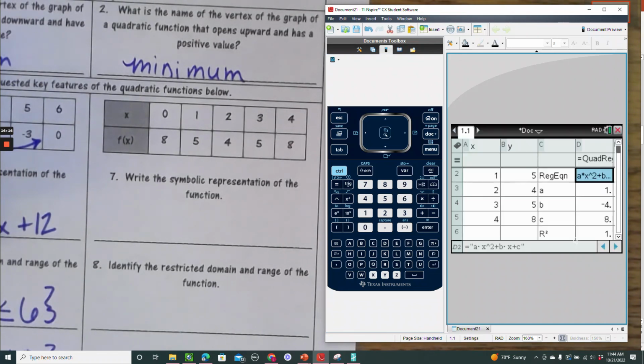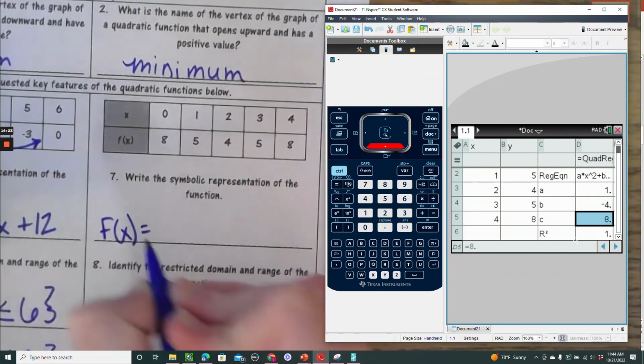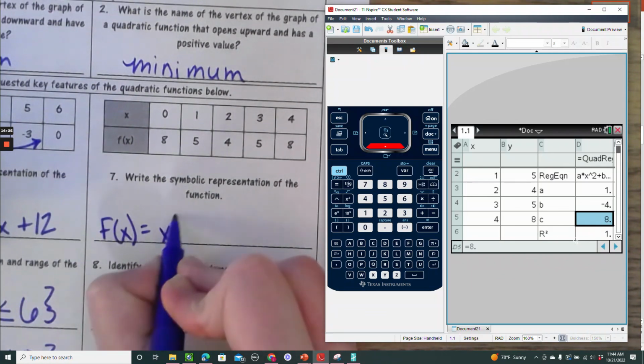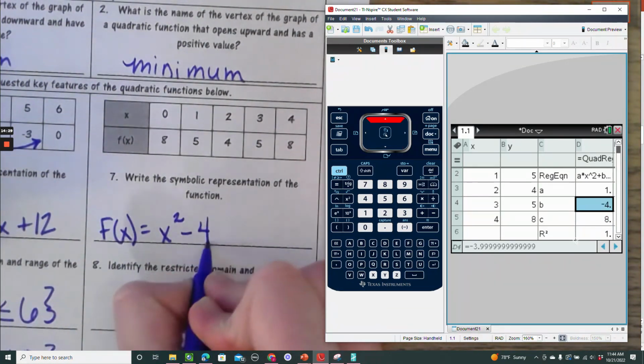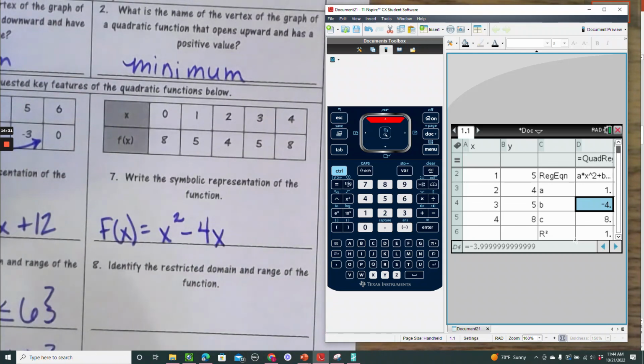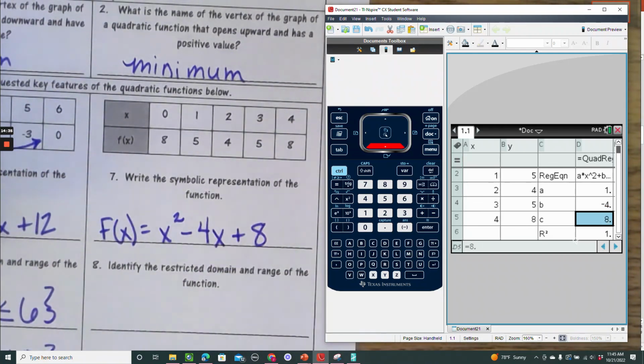Change them to X and Y's. And then it gives you the A, the B, and the C. So f of x equals, if A is 1, I just write x squared. If B is -4, -4, and the x goes behind the B, and then C is an 8, plus 8. Way easier than doing it by hand, right?